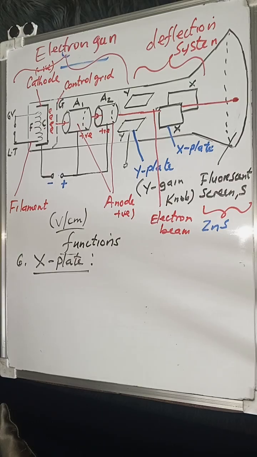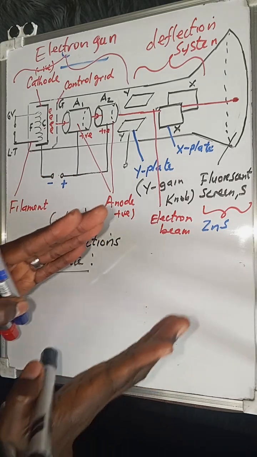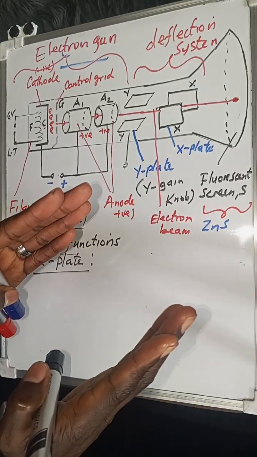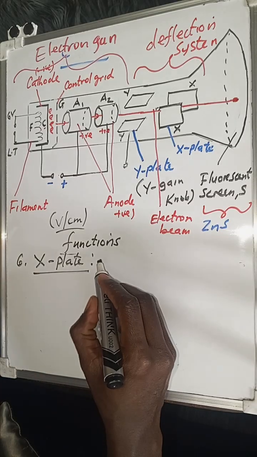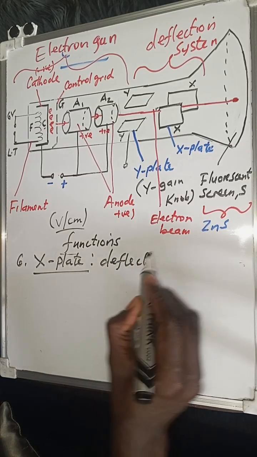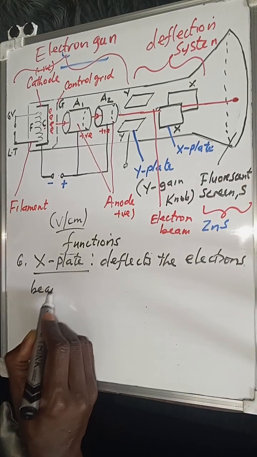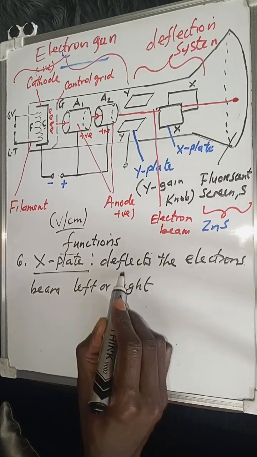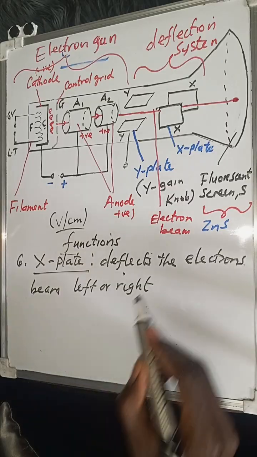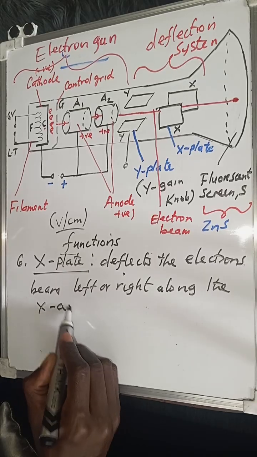On the other hand, we are talking about now the X plate. Remember, those are plates that are vertical like this. When the electron beam is passing through them and the voltage is applied, connected to the time base, it deflects the electron beam left or right, horizontally along the x-axis.